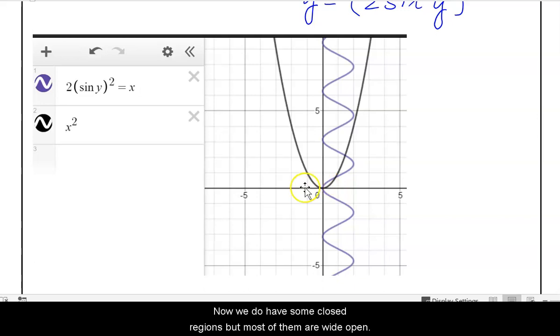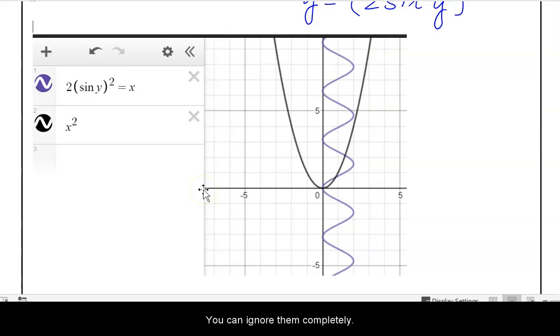Now, we do have some closed regions, but most of them are wide open. Do not mistake the y-axis and the x-axis for boundary lines. You can ignore them completely. They are not cutting off the region. The only thing that cuts off the region is the black parabola that you see here and the purple vertically oriented sine function that you see here.